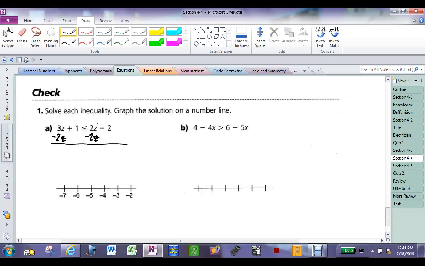Your overarching job, which is to get the variable by itself, takes precedence. Since this leaves me with a single Z on the left, I can't have any numbers on the left because I want my letters alone. So minus 1, minus 1, negative 3.